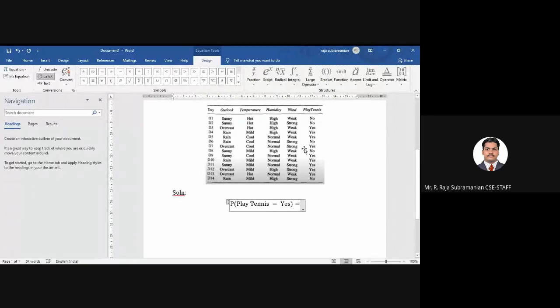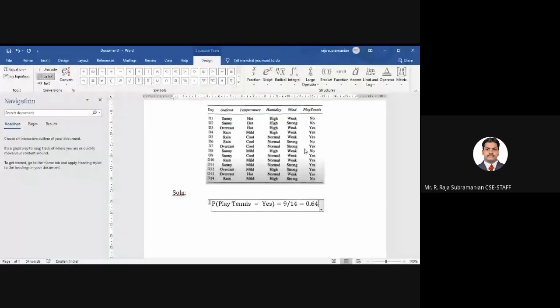So the probability that play tennis is yes is 9 by 14. If I take the calculator, I get approximately 0.64.